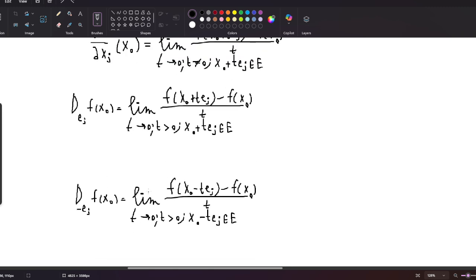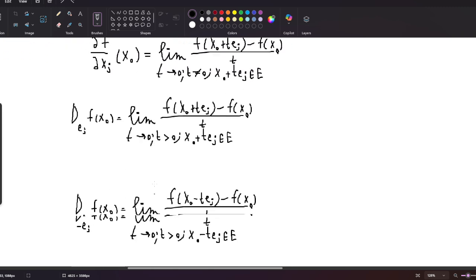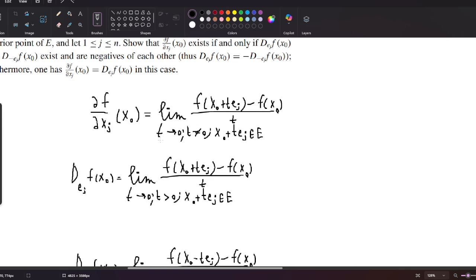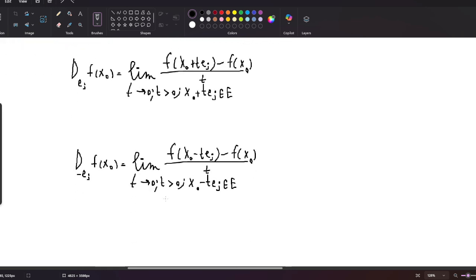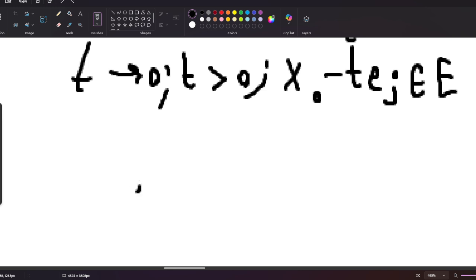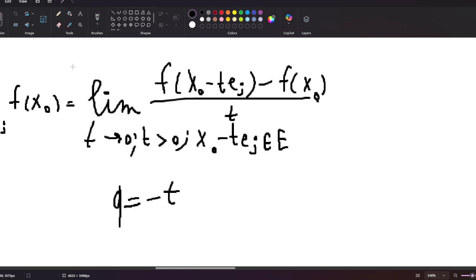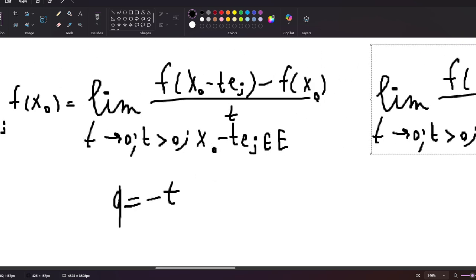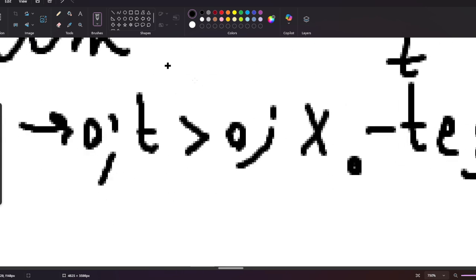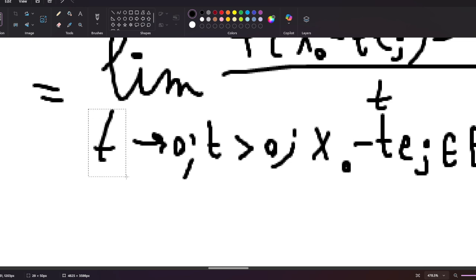So now we just need to find the left-hand side limit and say that if they are equal and both exist, then this limit is defined. And what you have here is a very handy limit because we can transform it easily. We can say that we have q equal to negative t, and we can rewrite the limits entirely in terms of q and get one with the left-hand side limit.